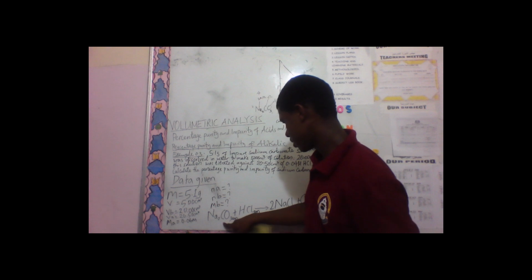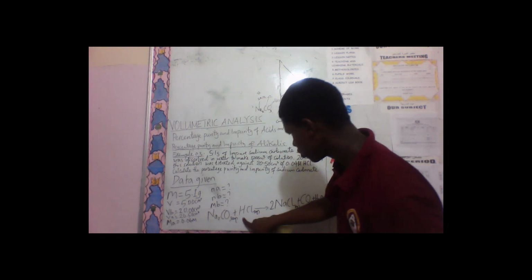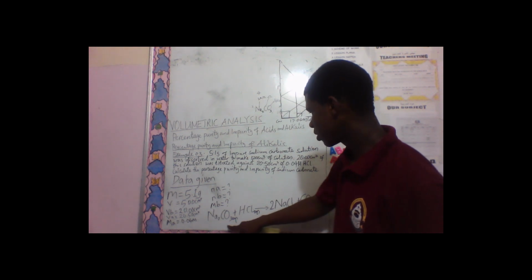Then carbon: one carbon on this side, one carbon on the other. So carbon is balanced. Oxygen is also balanced.